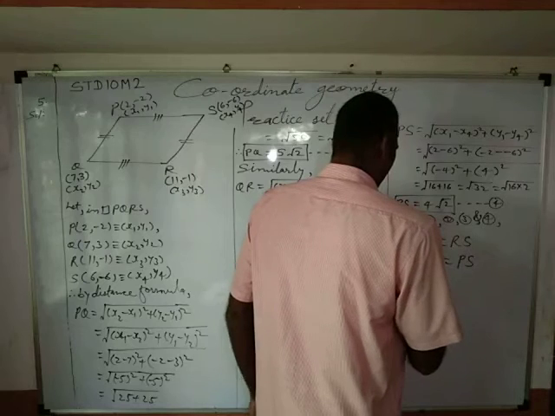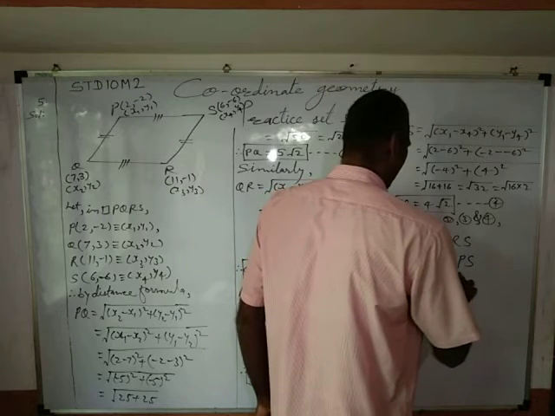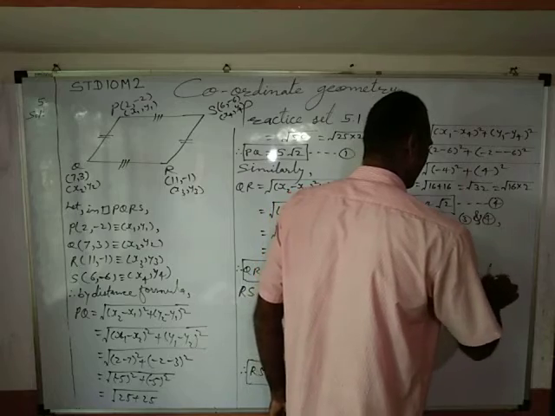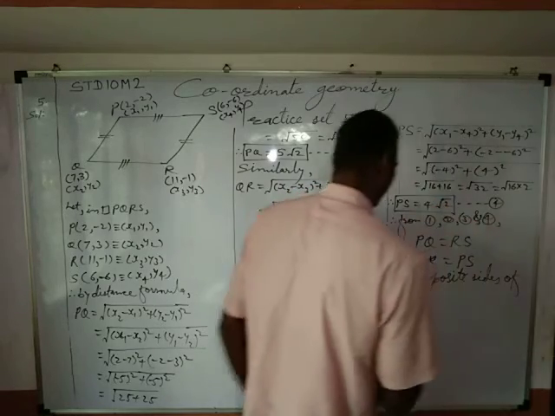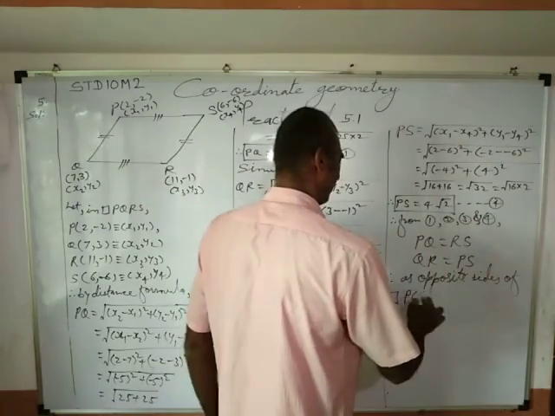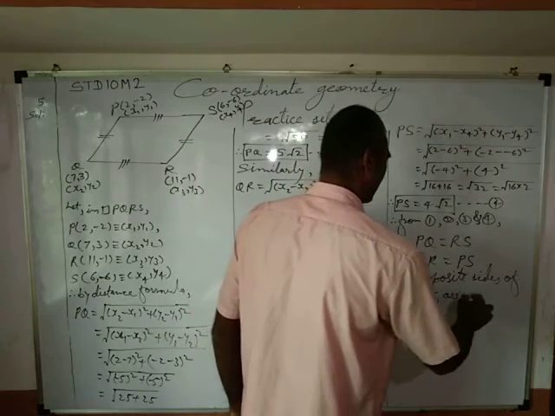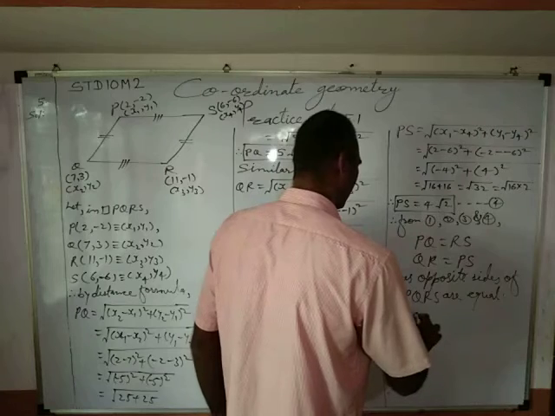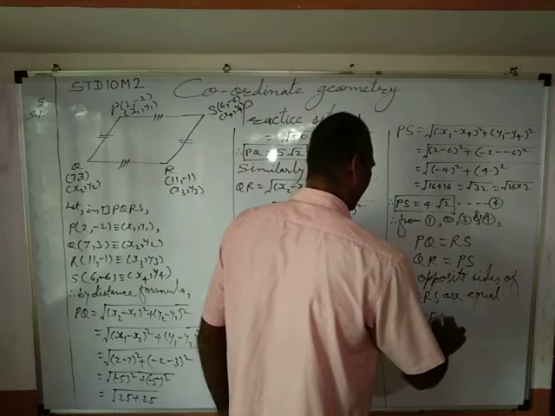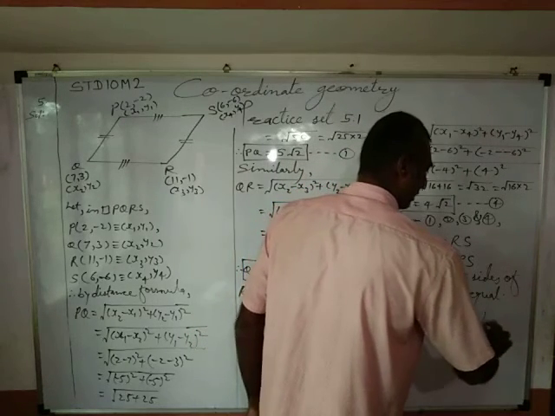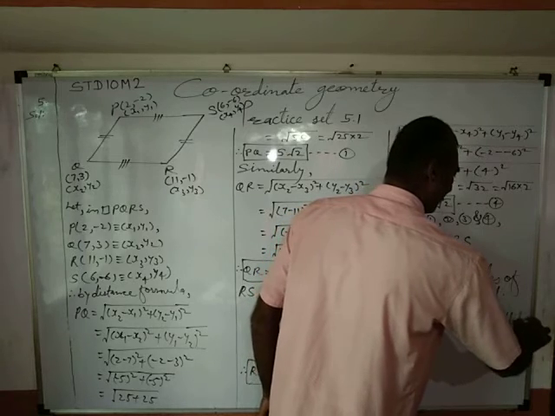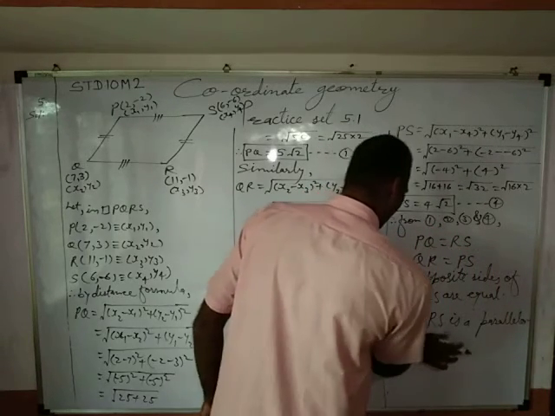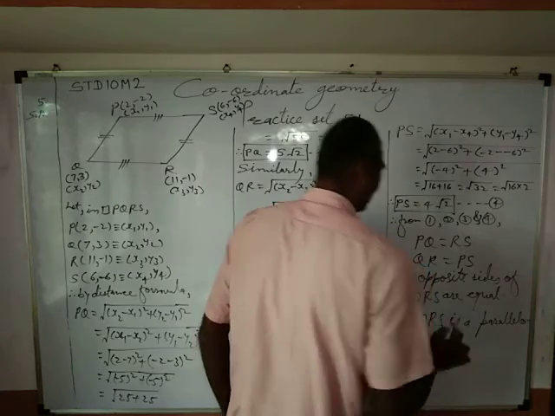And therefore, as opposite sides of quadrilateral PQRS are equal, quadrilateral PQRS is a parallelogram. Okay, quadrilateral PQRS is a parallelogram.